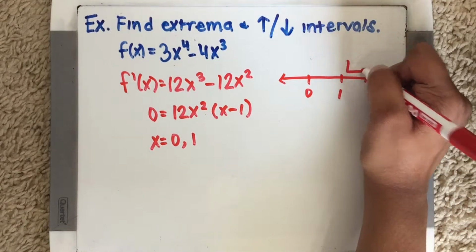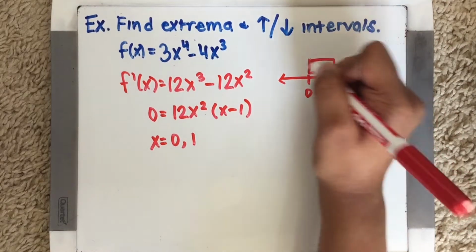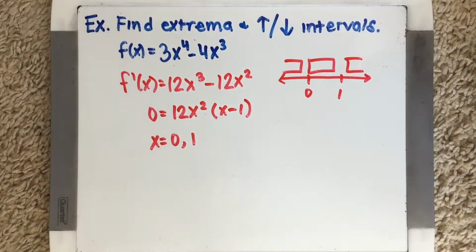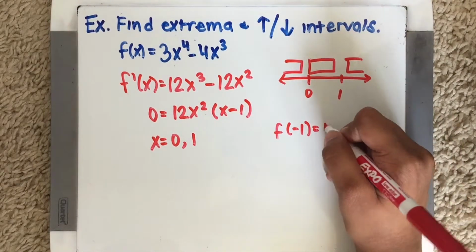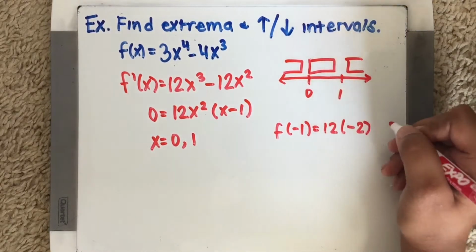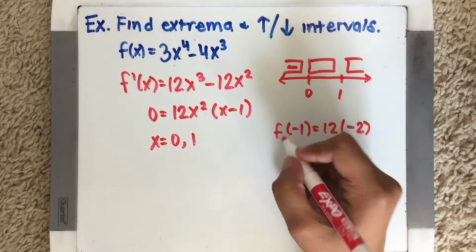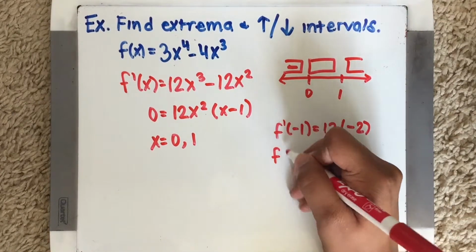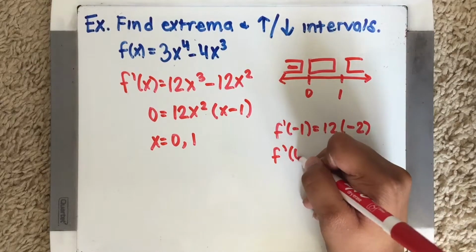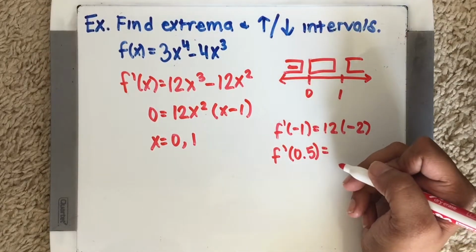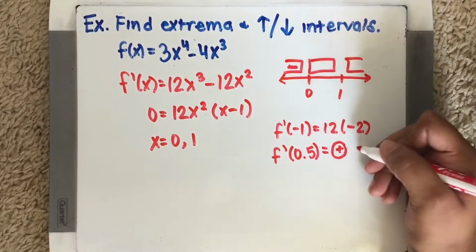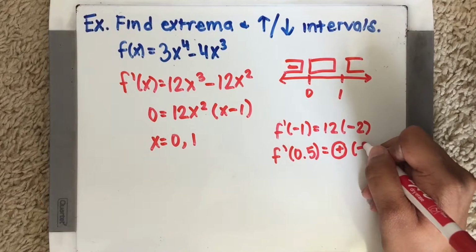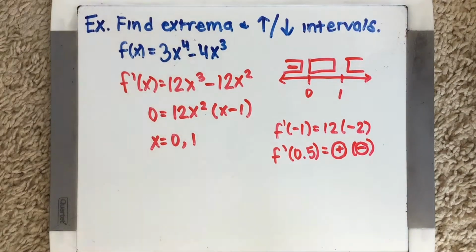Now we split it at x equals 0 and x equals 1 and make the boxes. Let's test values. F prime of negative 1 is equal to 12 times negative 2, which is negative 24, and that's a negative value. F prime at 0.5 is going to be a positive times a negative, giving us a negative overall and making that interval negative.